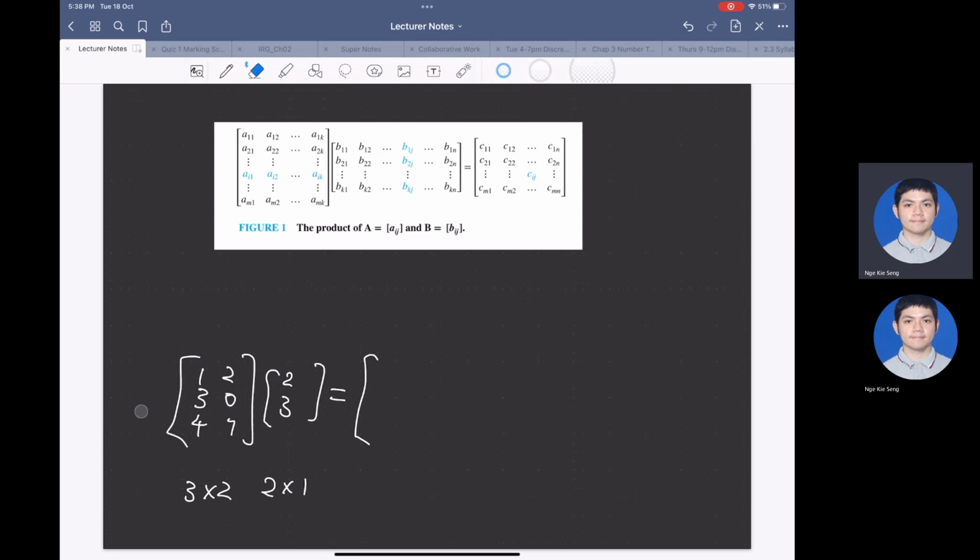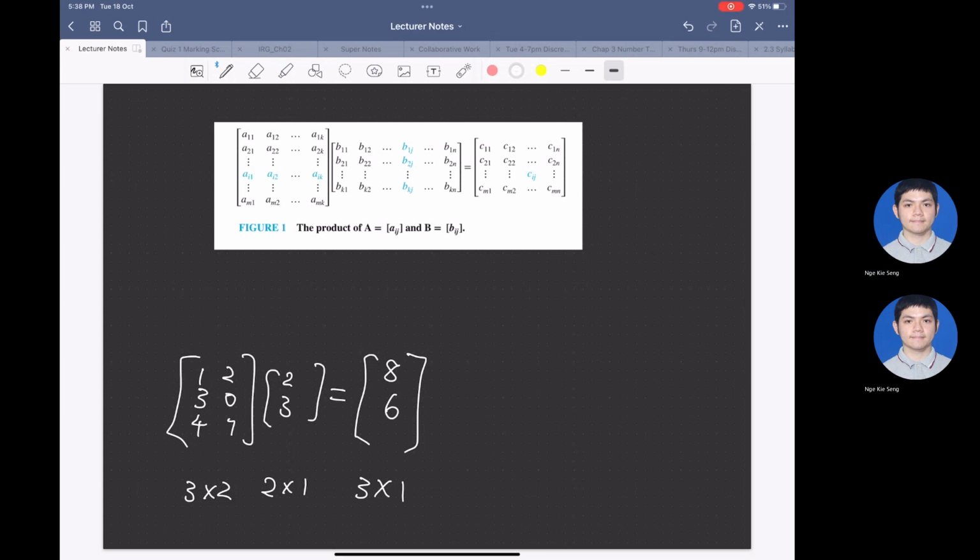So what size of matrix do you get? 3 by 1. What's the first entry? 8. Second entry? 6. Third entry? 29. Yes. So 3 by 2, 2 by 1, you get 3 by 1. Okay, next.